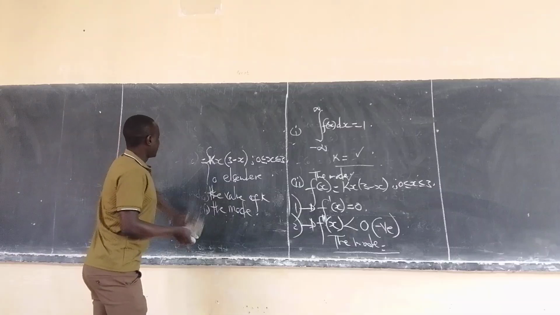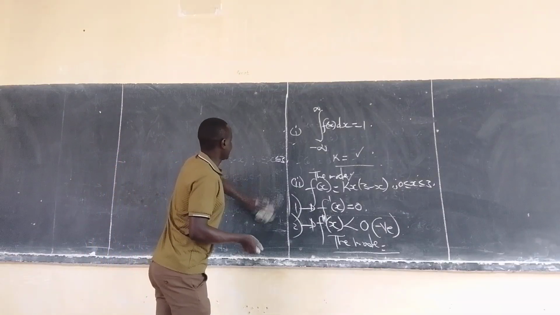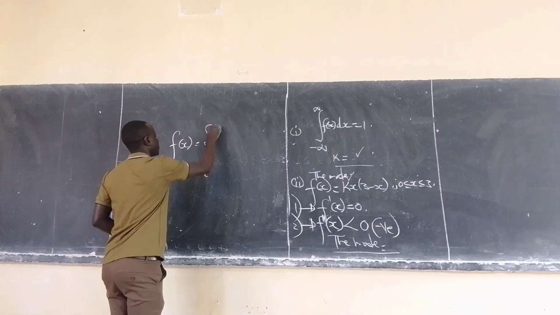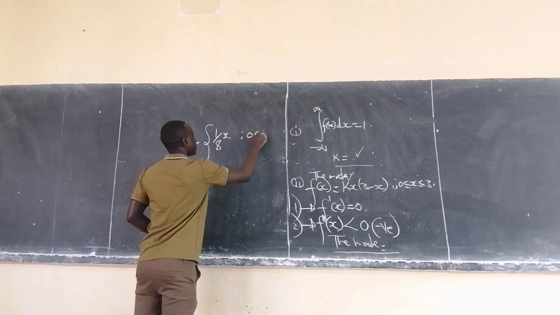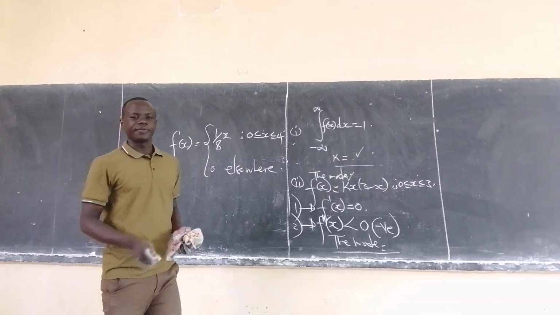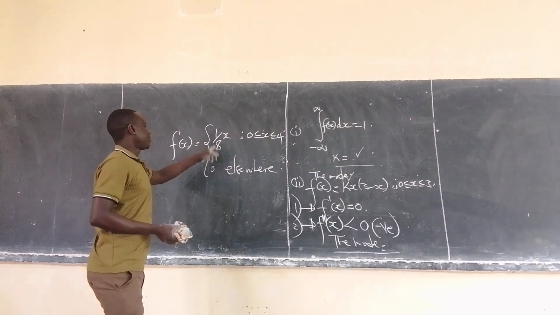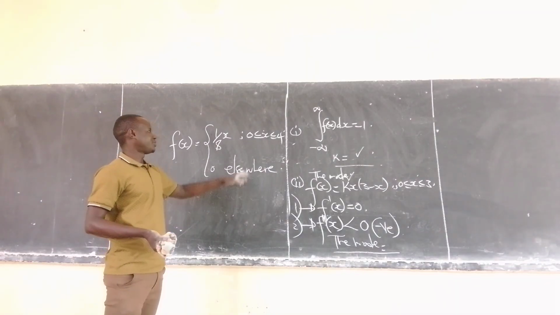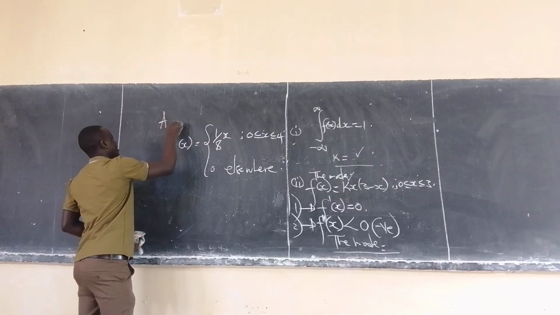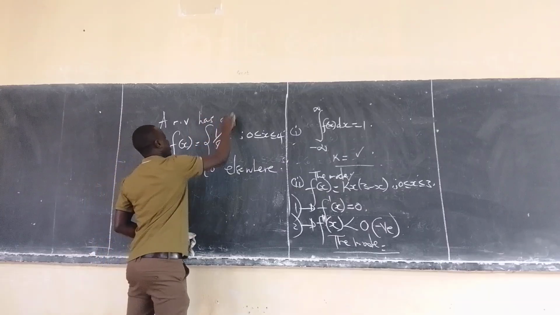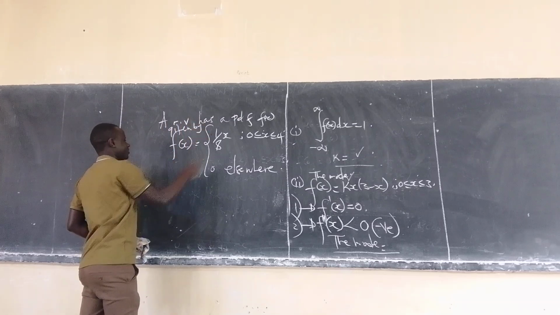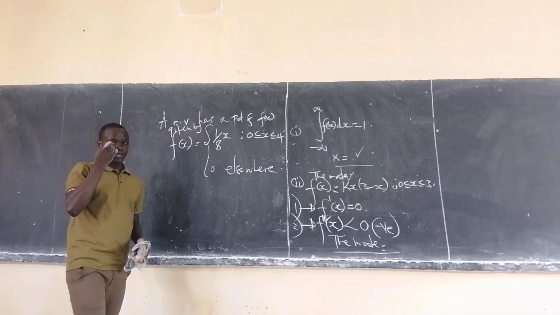So if you are given, for instance, f of x as 1 over 8x, when x lies between 0 and 4, and it is 0 elsewhere, supposing the question says that the random variable x has the PDF f of x given by this one, and the required is to get the mode.